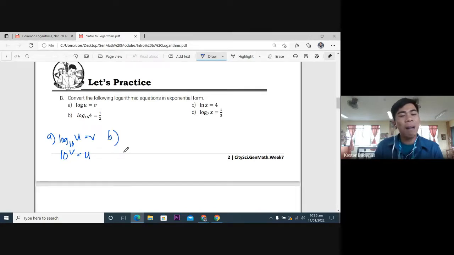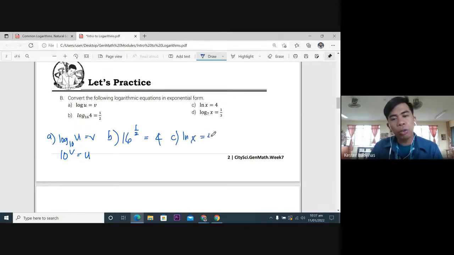So, yan yun siya. Letter B, we have logarithm of 4 with the base 16 is equal to 1/2. Hence, our answer is 16 raised to 1/2 is equal to 4. Yung gitna lagi sa logarithm yung answer kapag exponential na siya. So, letter C, ln of x is equal to 4.